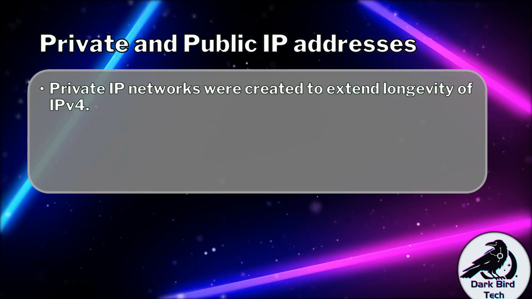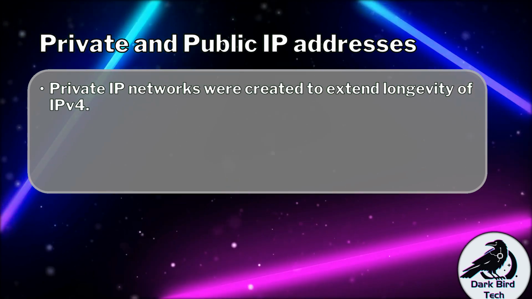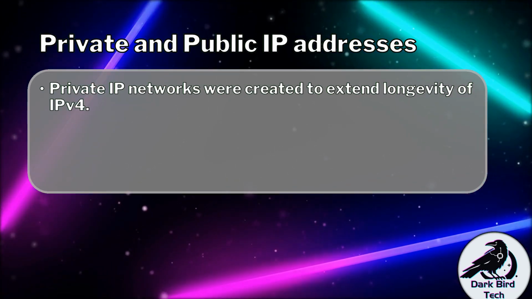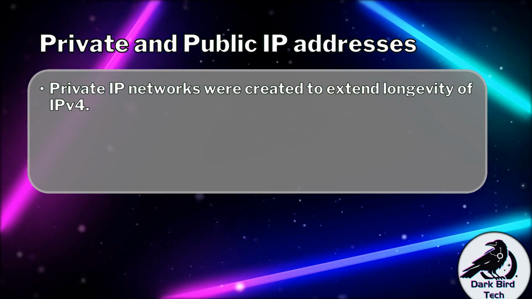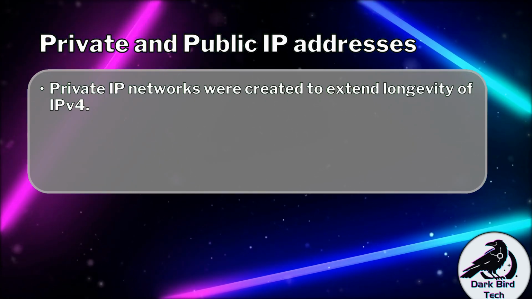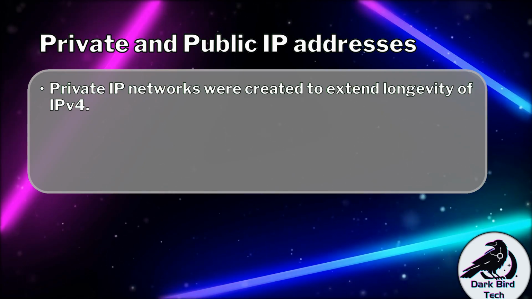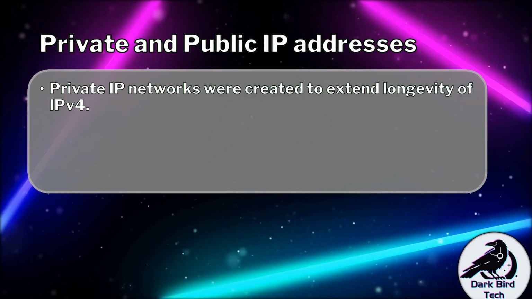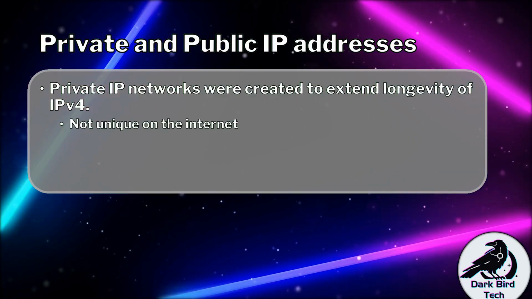And even though a lot of people don't have access to a computer or the internet, those of us that do, a lot of addresses get used up so that we can have that interesting pleasure of internet connectivity. So the private IP networks were created so that we could use them on our LANs without wasting addresses for internet subscribers. The problem though is private IP addresses are not unique on the internet.